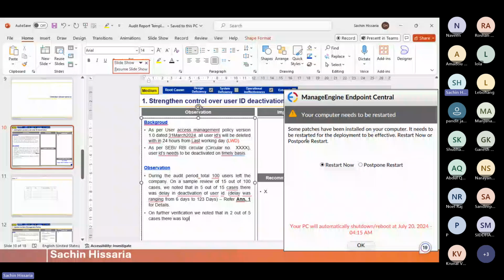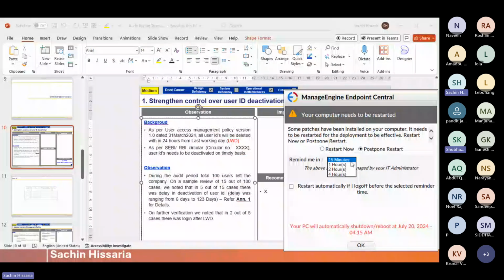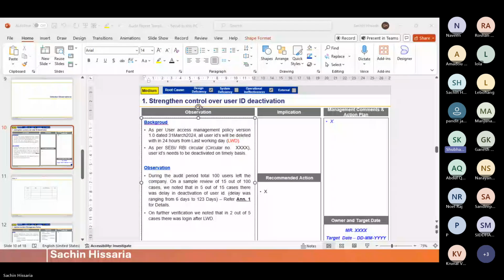Now, this makes your observation more severe, that there was a login after the last working day. Are you getting my point? Is it clear, guys? This is clear, whatever we have discussed till now, how we are writing the observations.